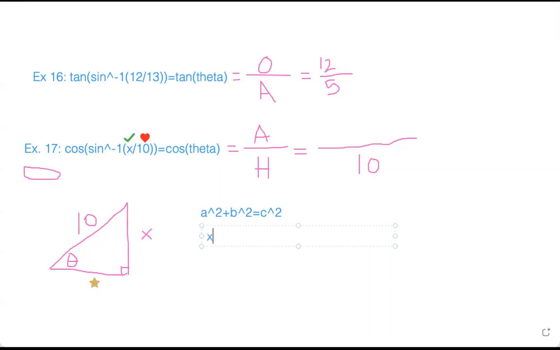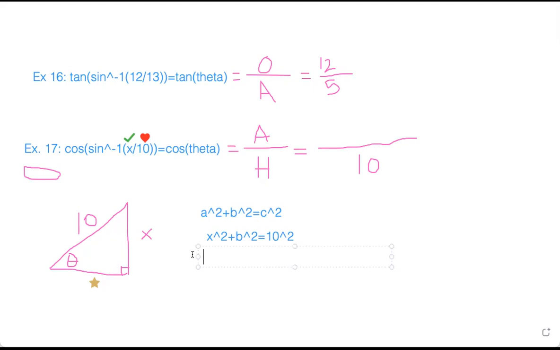Okay, maybe we put in x, so we get x squared plus, what do we want to put in for the star side? Great, so b squared equals, what do we want to put in for c squared? Great, so 10 squared. So instead of a squared plus b squared equals c squared, we have x squared plus b squared equals 10 squared.